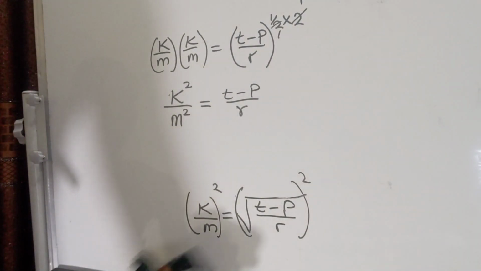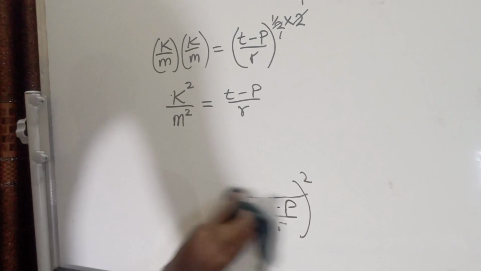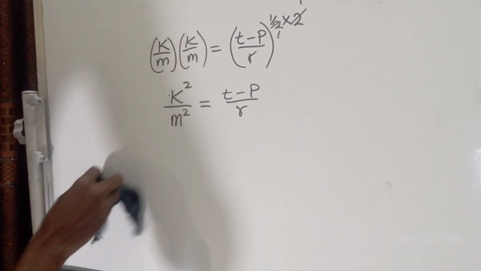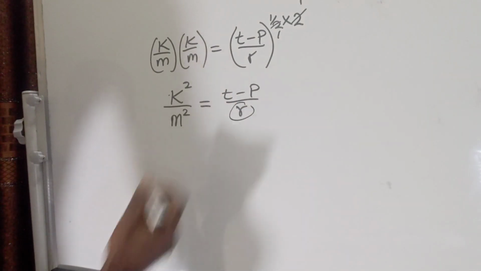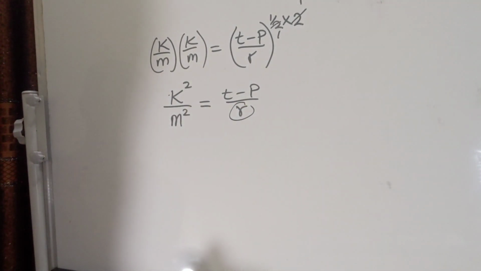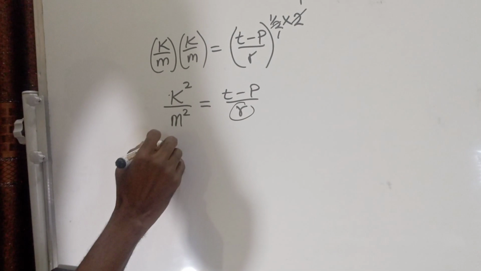So at this point, what are we going to look out for and remove? Now I can see that we can remove our denominator, R. Now how do we remove R?